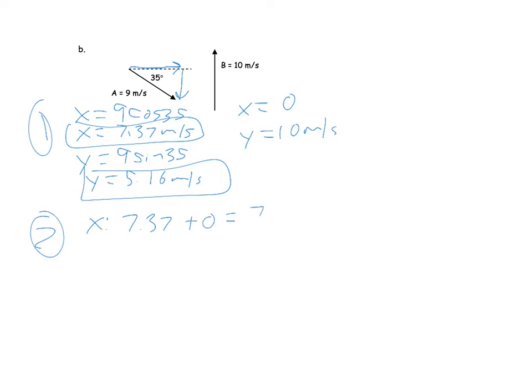So we get an overall of 7.37 meters per second, and it's positive, so going to the right. And in the y direction, we have negative 5.16 because that y component here is going down, plus our 10. So we end up with a resultant of 4.84 meters per second, and that is a positive.